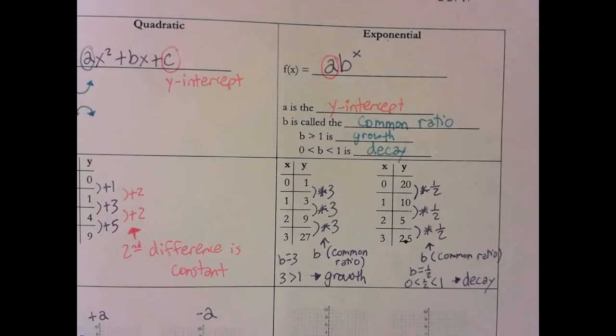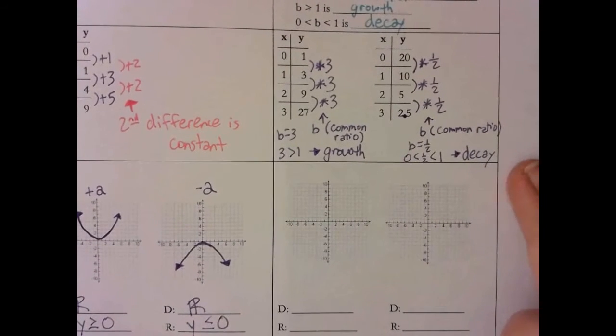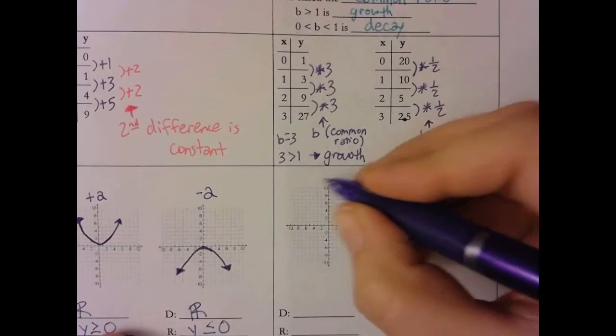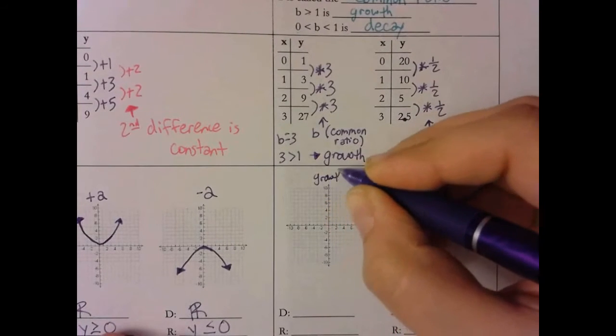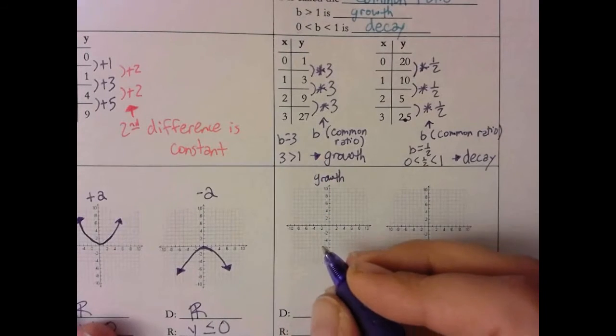All right, last thing we need to talk about is the graph. Okay, our graph can look two different ways. So if we have growth, let's look at our growth graph. So this is if B is greater than 1. It's going to look something like this.